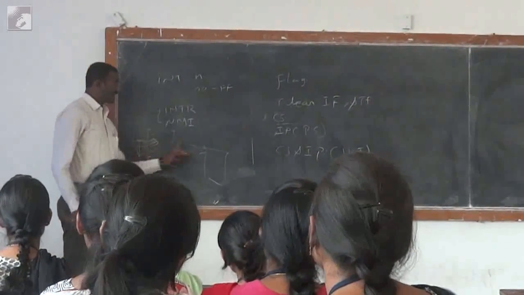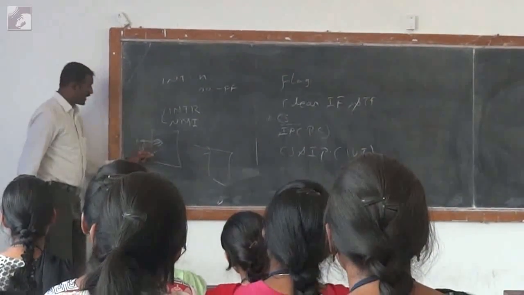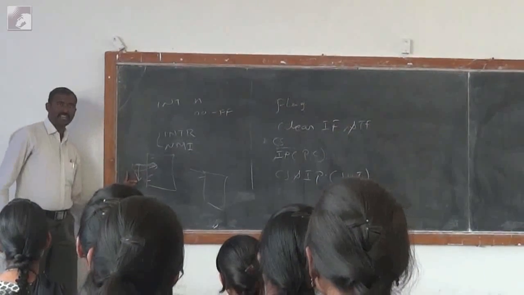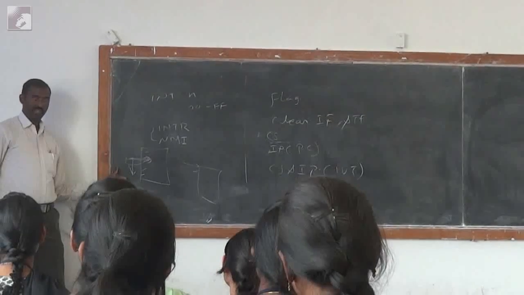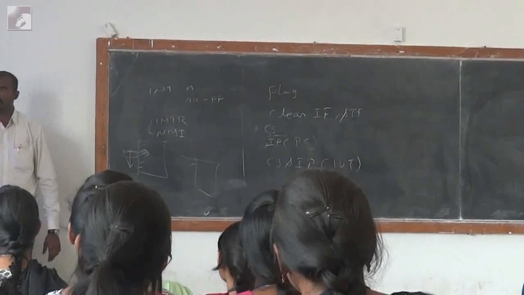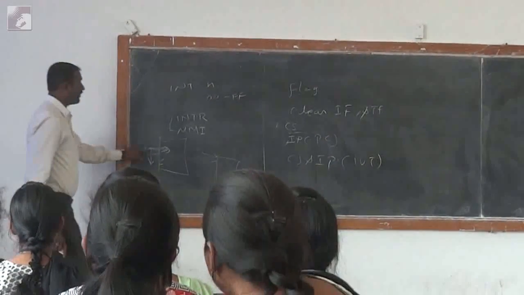Now we are going to execute a new part of the program, but once it is finished, you have to get back to the earlier one. How to get back? If you copy the new value into CS and IP, the old ones will be overwritten and lost. So while getting back these two addresses are required, and those are copied onto the stack. First we copy the flag register.